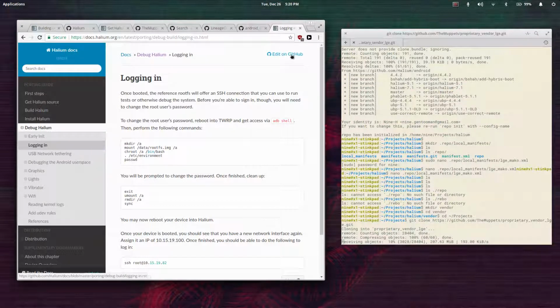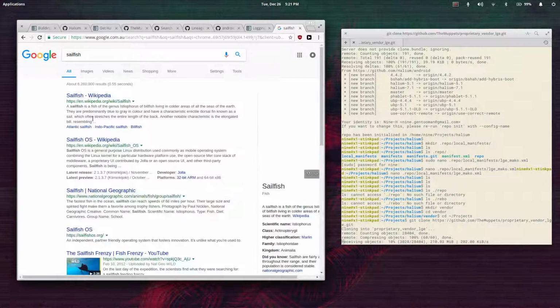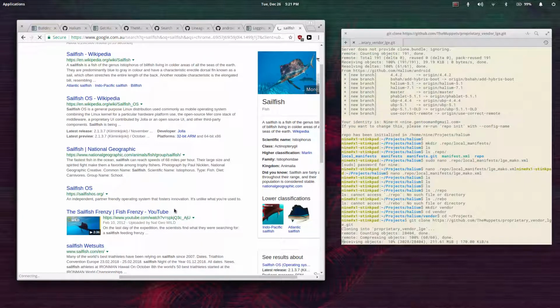It'd be interesting if people posted comments just asking about mobile operating systems, like mobile Linux operating systems. Actually, Sailfish. What are they up to?